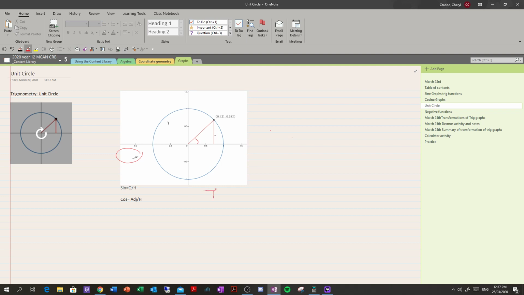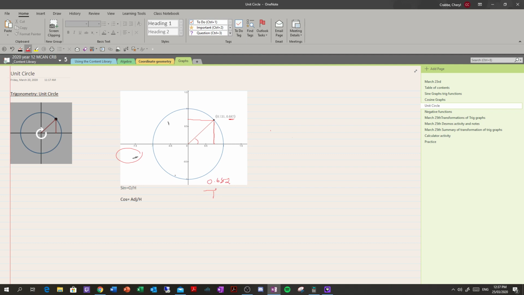And the opposite, which is basically this height here, is given by this point, because this is how far up we've gone. So that's 0.682.